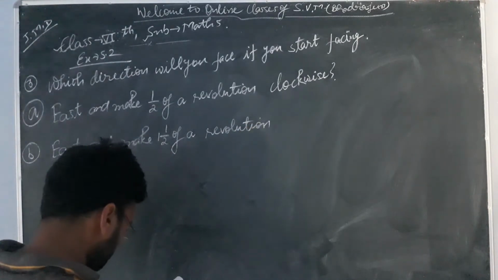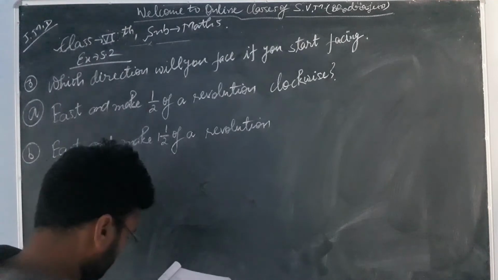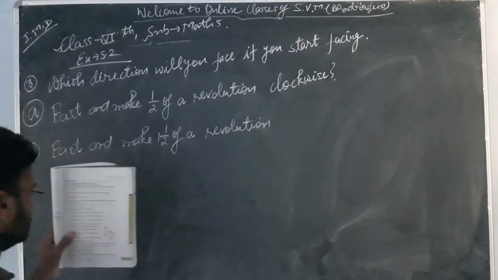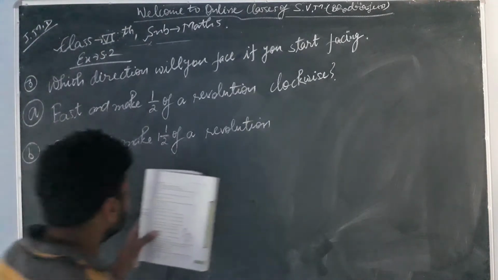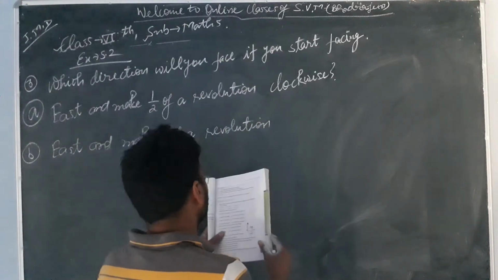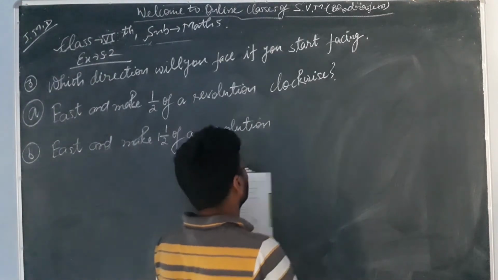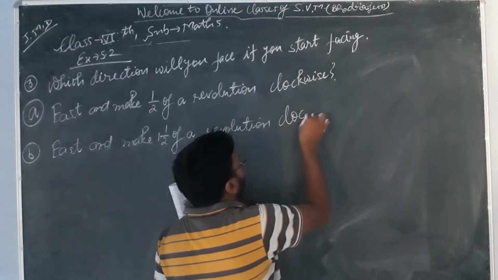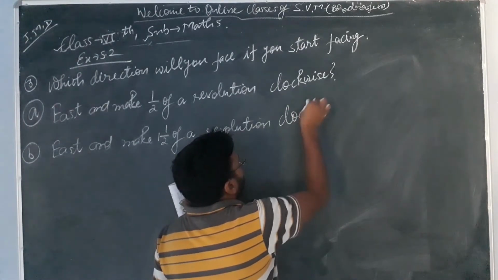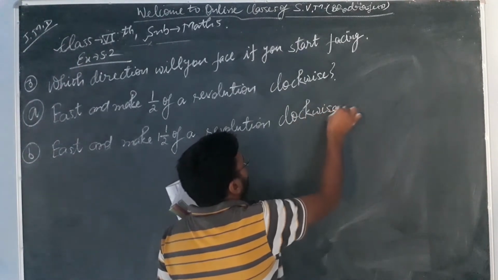Listen, question number 3rd and part A is east and make half of a revolution clockwise. Part B is east and make 1/2 of a revolution clockwise. Good.